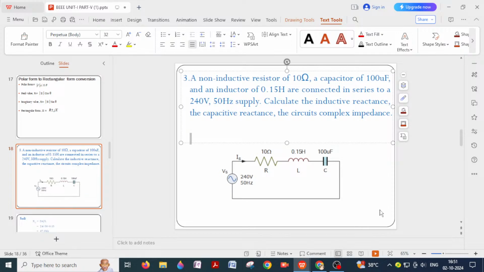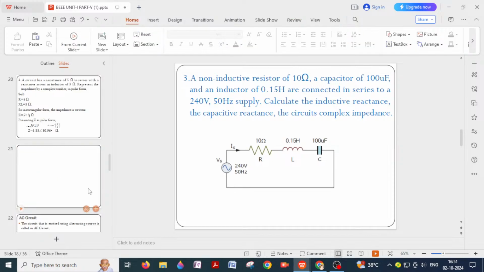Just write down this question and draw this circuit. I will conclude within 5 minutes.